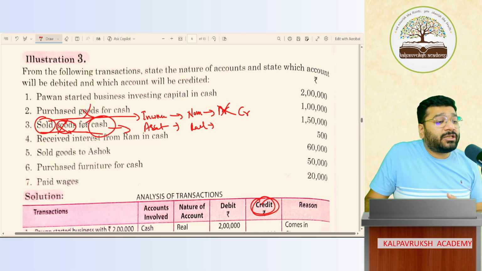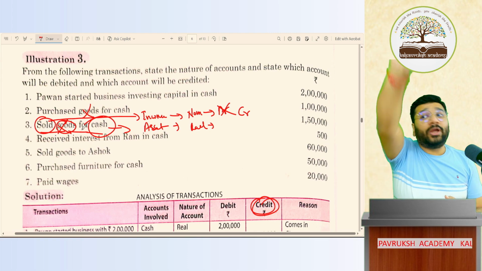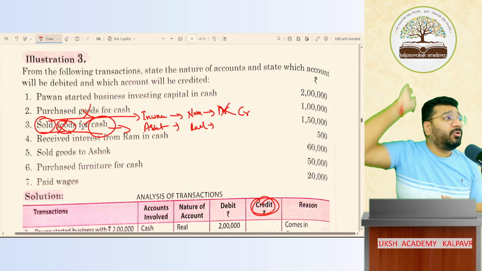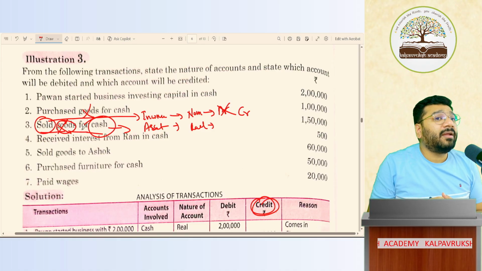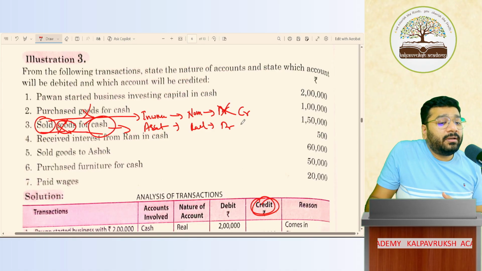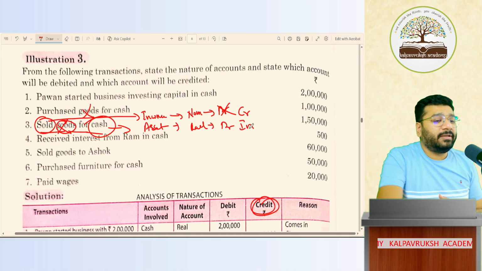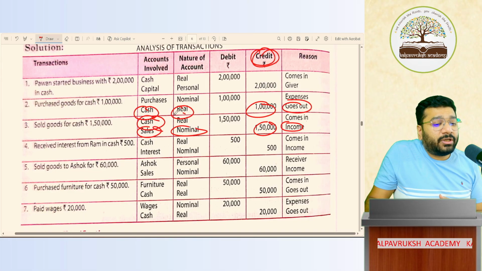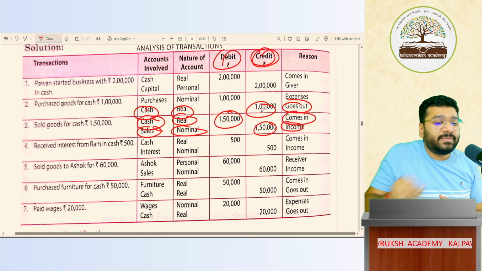So here, sold goods, cash is coming in. Debit what comes in. So cash, real, debit, 150 comes in.